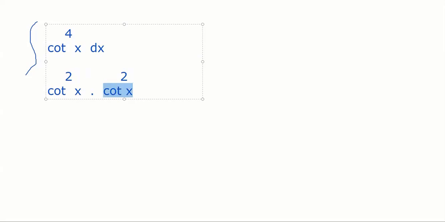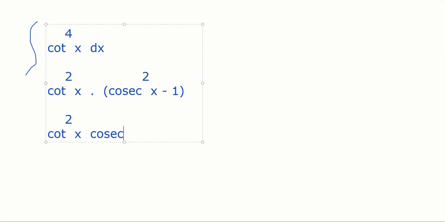So I can write this, and don't hurry to multiply and make it cot power 4 or something. No. So let's multiply now. You always keep in mind that you have to put it in a form whose integration you know.